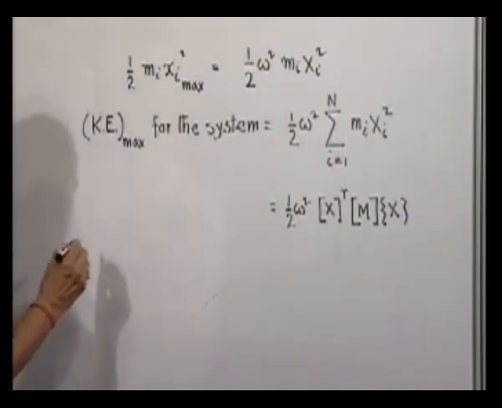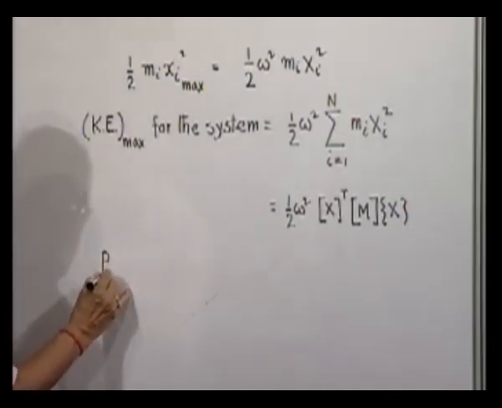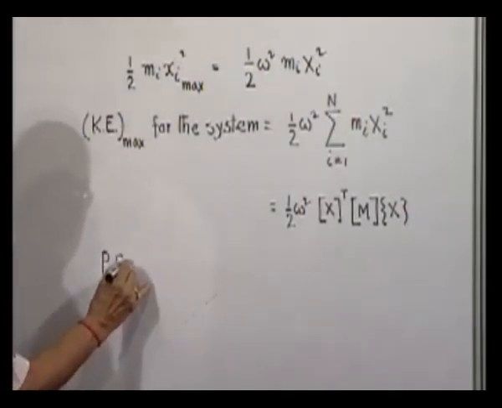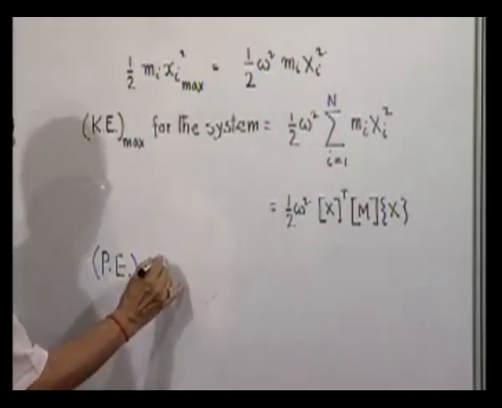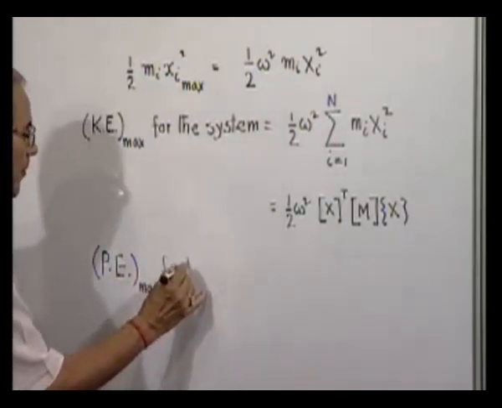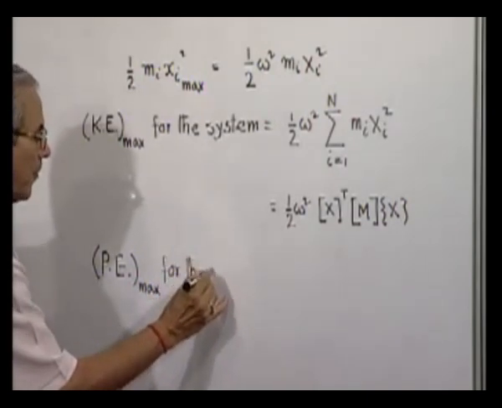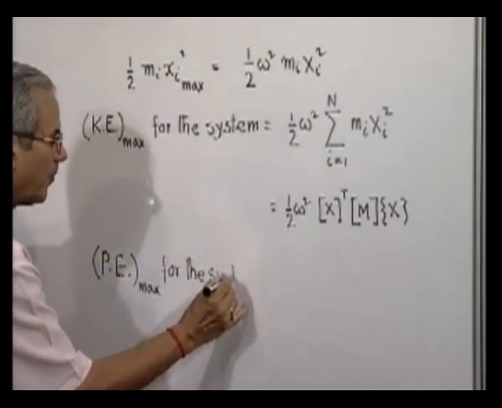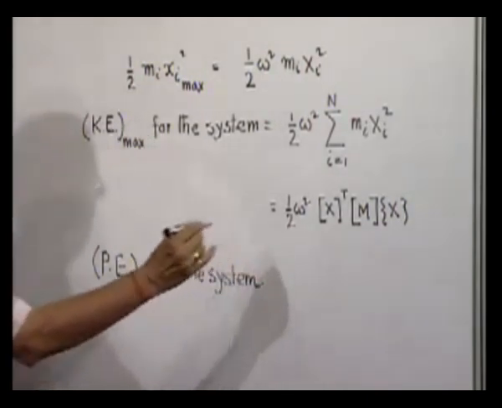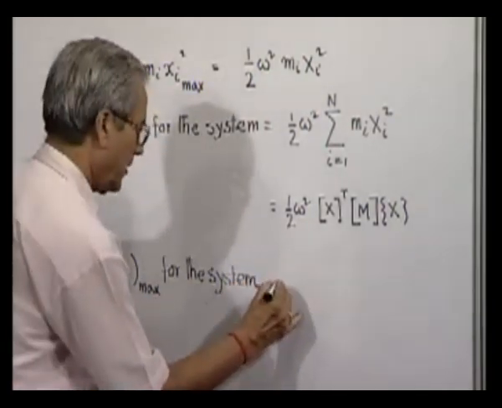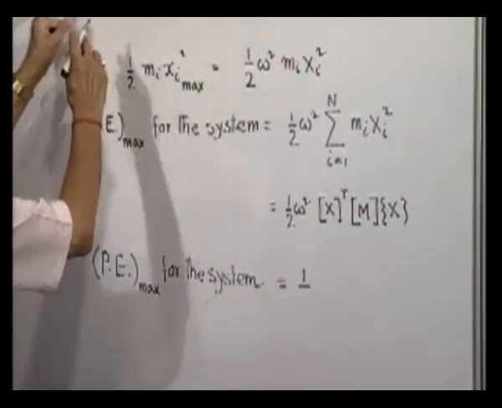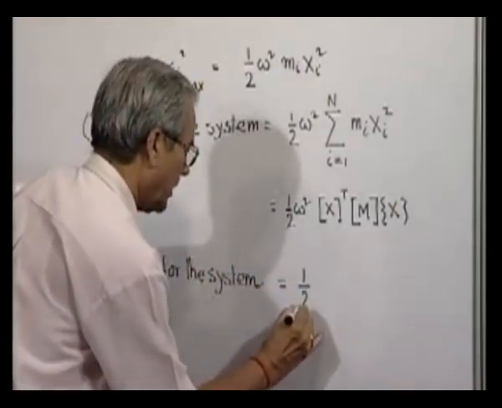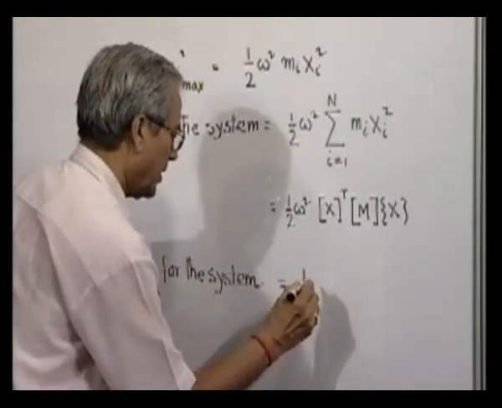Similarly, the maximum potential energy of the system will be half, each one will be in the stiffness matrix.